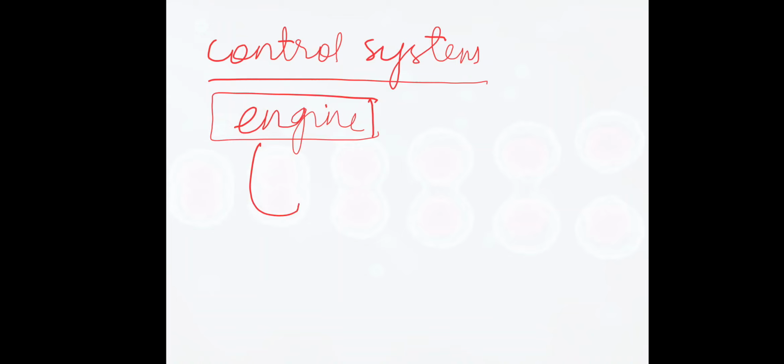Control system, what does it do? It is an engine which helps in progression from one step to another step. It is a series of protein complexes, we can say.